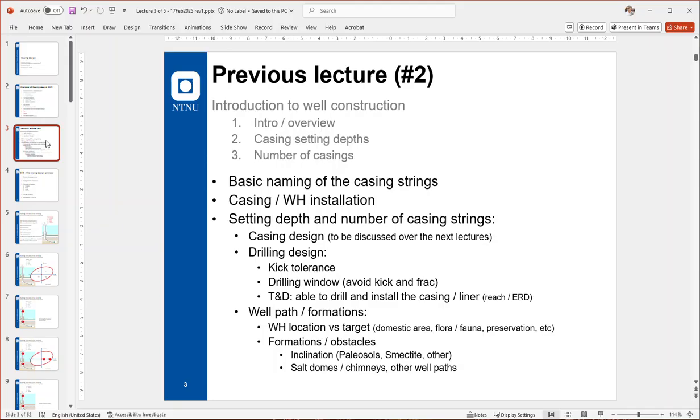Yeah. I would say that the scope the university has given me is limited to casing design, and anything that influences casing design.